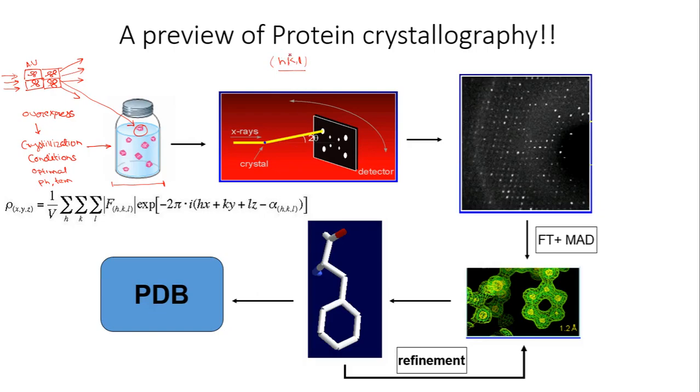Now that you have the diffraction pattern of your crystal, you know the position of each and every reflection along with its intensity. So you would end up with a list of positions and intensities for each reflection.